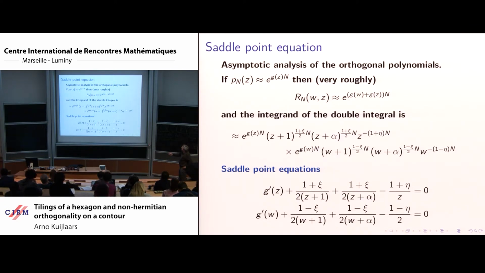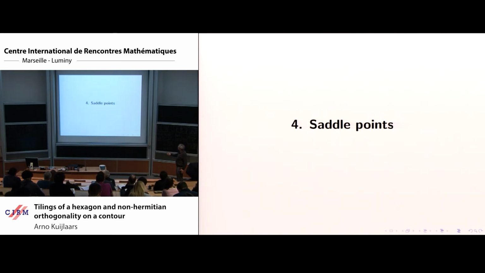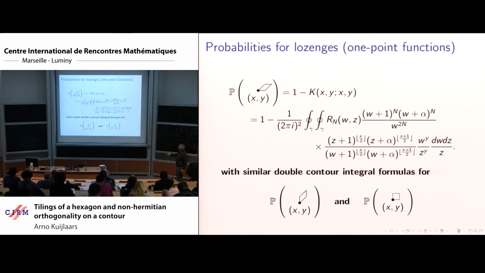It will also then mean that this reproducing kernel approximately grows like this. It's a rough idea here, this is not quite true, but for the idea, this is good enough. So if you make this approximation here for Rn in the integrand of the double integral, and you look at where all these x's and y's are, let's scroll back here, right?